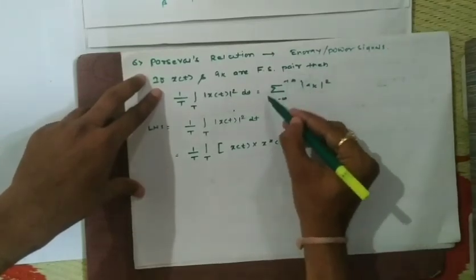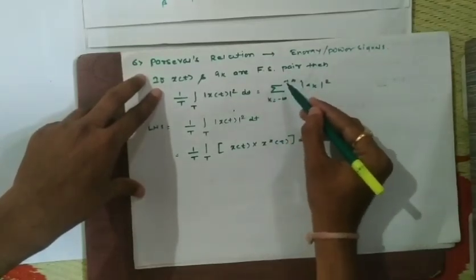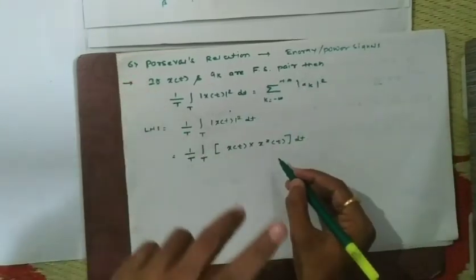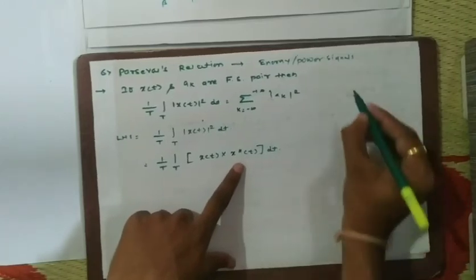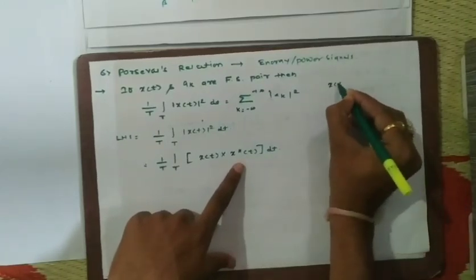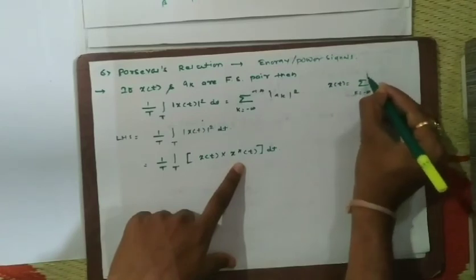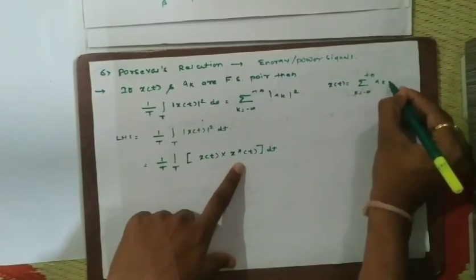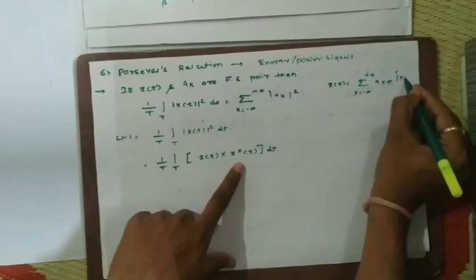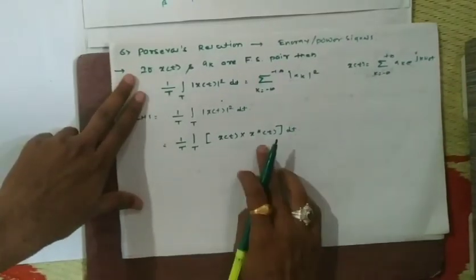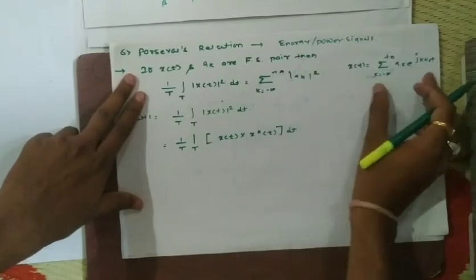In the RHS we have to go for a summation term, and in order to get the summation term, we have a standard formula that I can use, which is called the Fourier series representation: x of t as summation of a_k into e raised to j k omega naught t. So we'll replace either x of t or x complex of t with this particular formula.